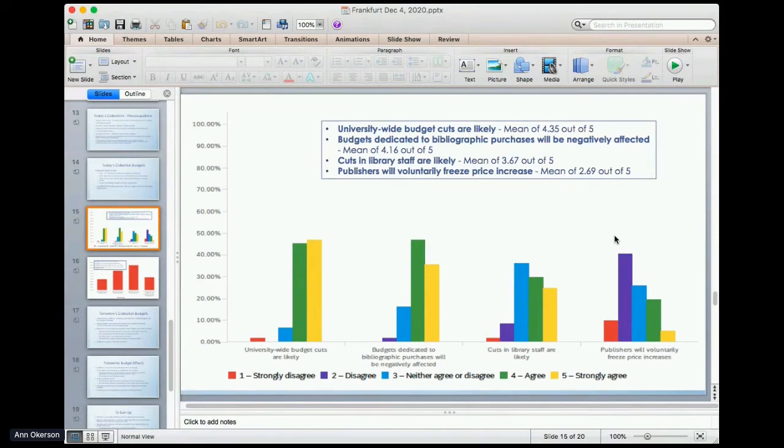Cuts in library staff, likely, not quite so much. Average answer was 3.67 yes out of 5. And publishers will voluntarily freeze price increases, not so much. The mean was 2.69 out of a possible 5.